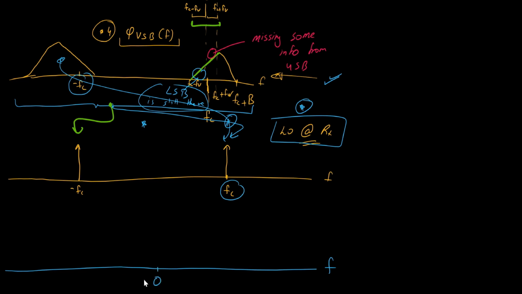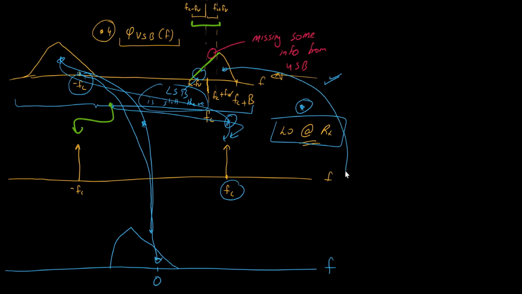So now at 0, this would appear over here. This FC is now at 0, and this would go to 2FC. So these two are coming from the convolution with the impulse at FC.